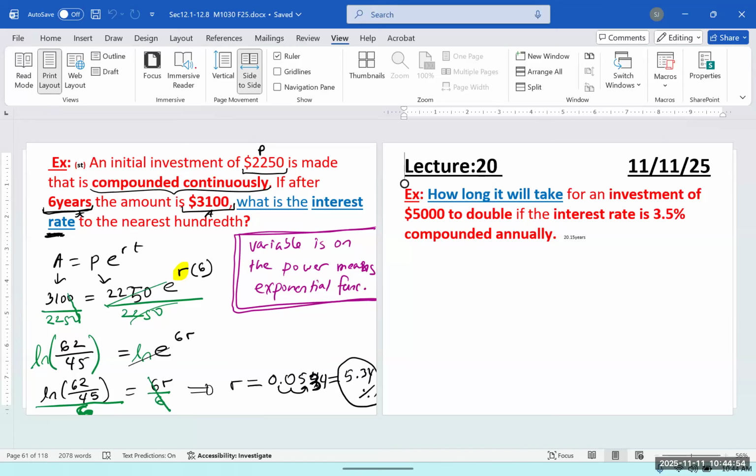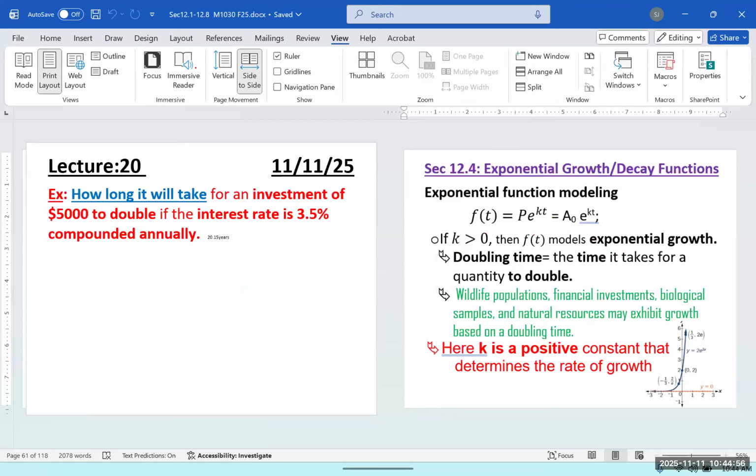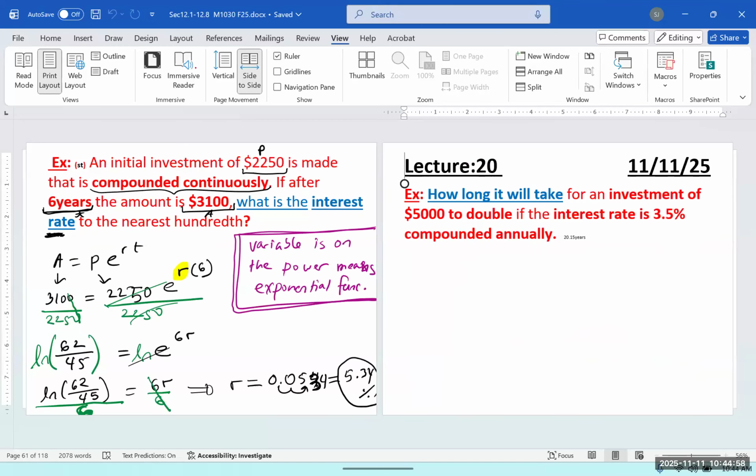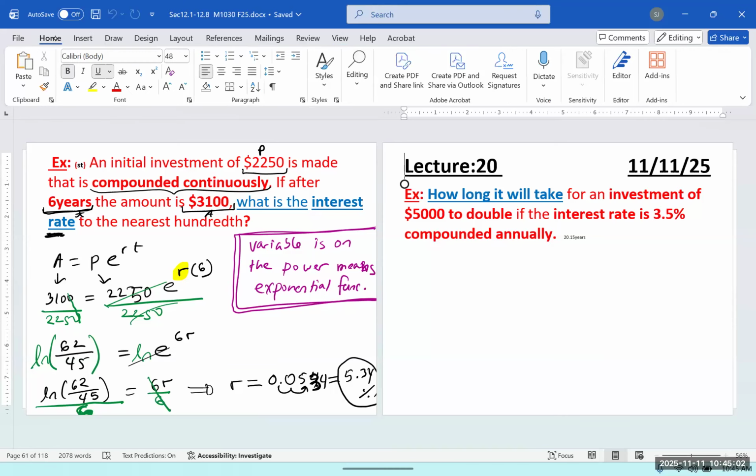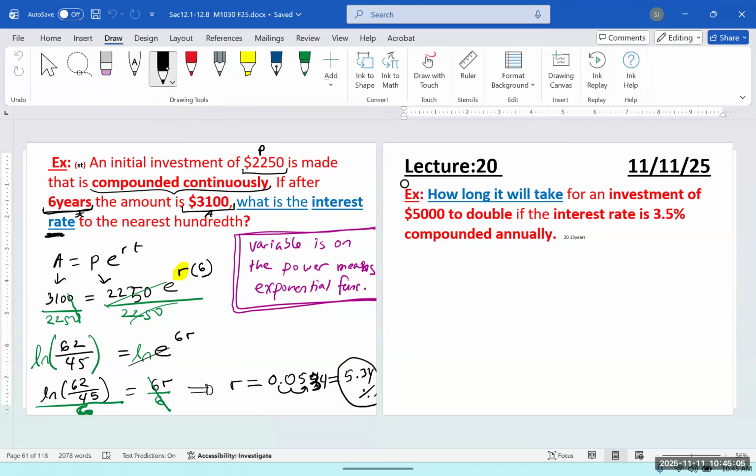Okay, one question before we go to the next section. How long will it take for an investment of $5,000 to double in amount with an interest rate of 3.5% if you decide to compound annually? So you're investing $5,000 and you want to make it double.